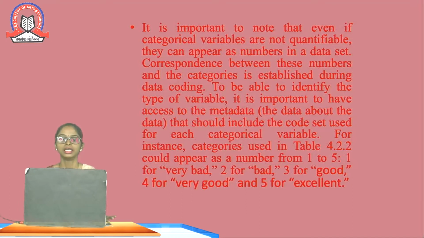Metadata means data about the data, which should include the code set used for each categorical variable. For instance, categories used in table 4.2.2 could appear as numbers from 1 to 5: 1 for very bad, 2 for bad, 3 for good, and 5 for excellent.